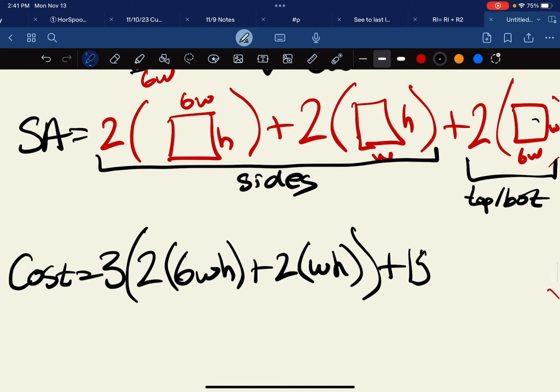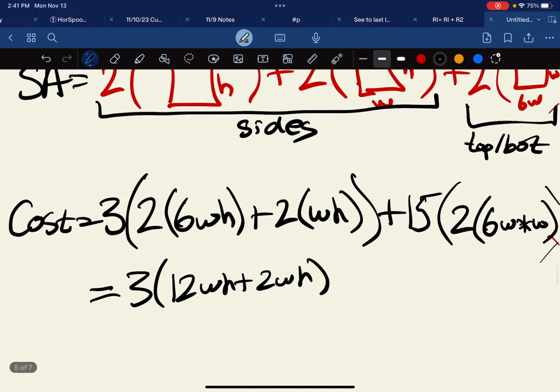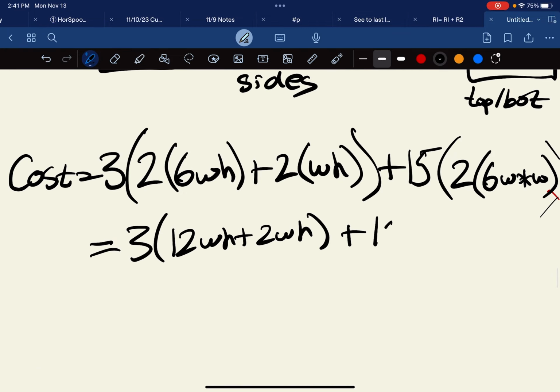Yeah. So that's going to be times 2 times 6W times W. So we can simplify this to 3 times 12WH plus 2WH plus 15 times 12W squared.